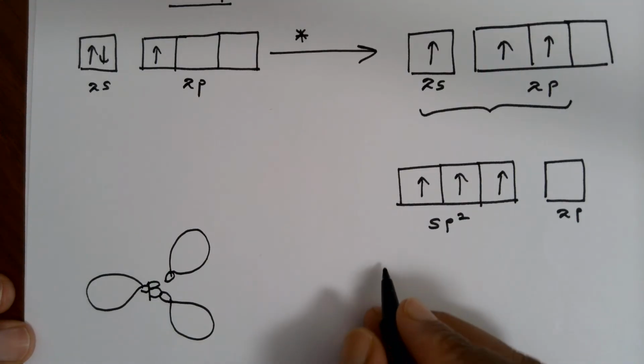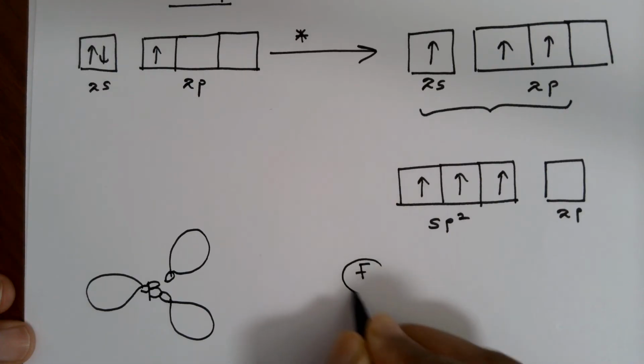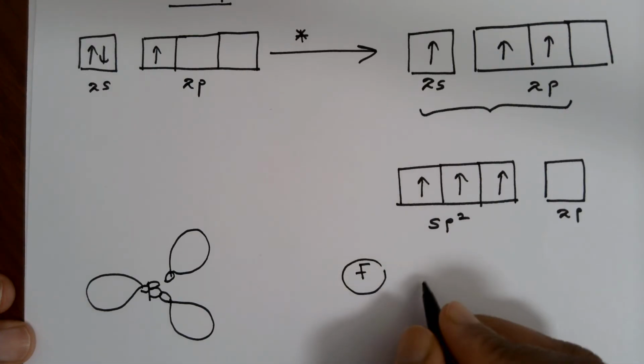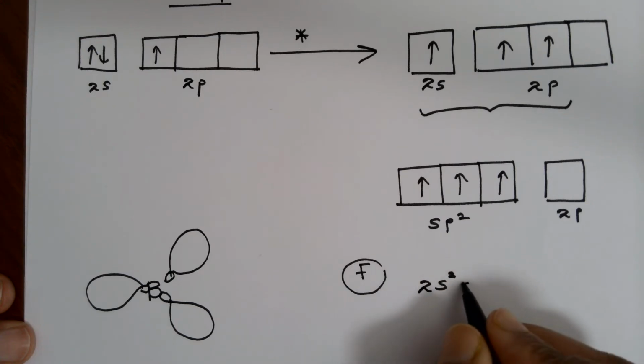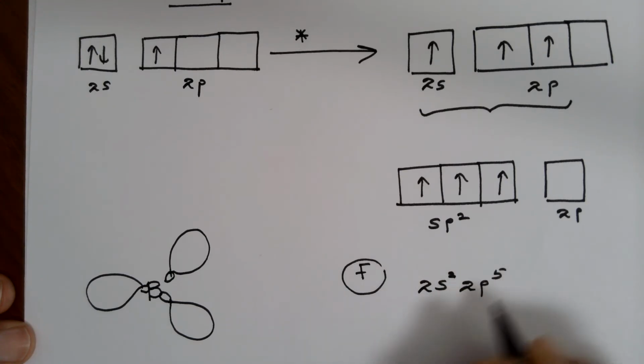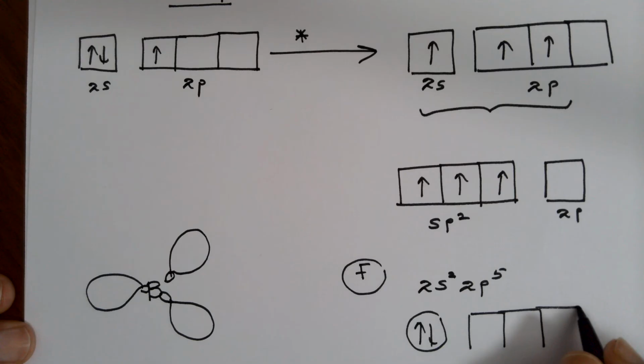How? The electron configuration in the valence shell for the fluorine atom is 2s2, 2p5. It looks like this. In the p level, two paired electrons and one unpaired electron.